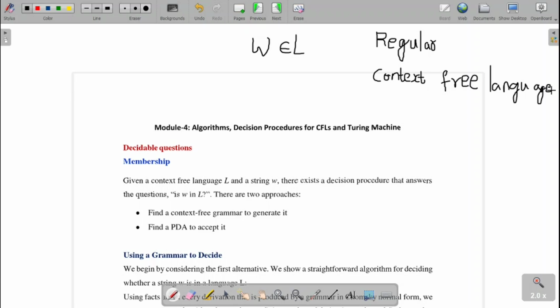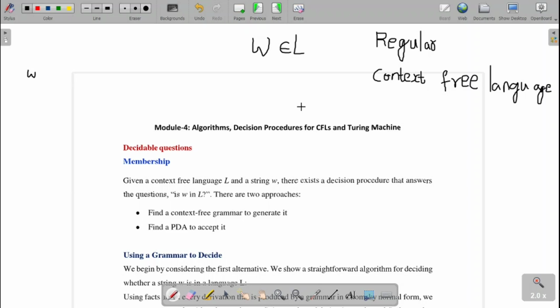Decidable means that if we design any program, whenever we give some input, it should tell us whether it is valid or invalid. The same scenario applies here. Whenever I pass any string W, the designed automaton, whether it is a PDA or a grammar, should tell us whether the string W belongs to that language or not.